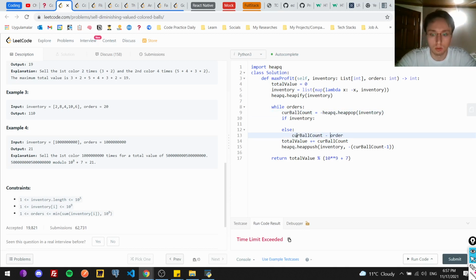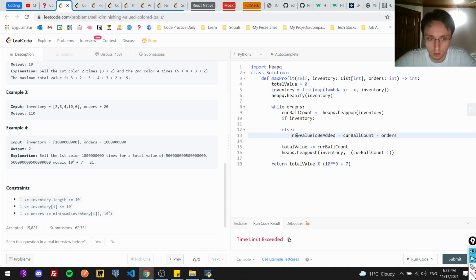So current ball count minus order, remaining orders will be my new value to be added will be remaining balls.